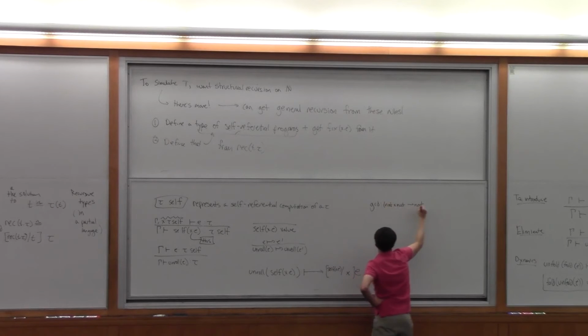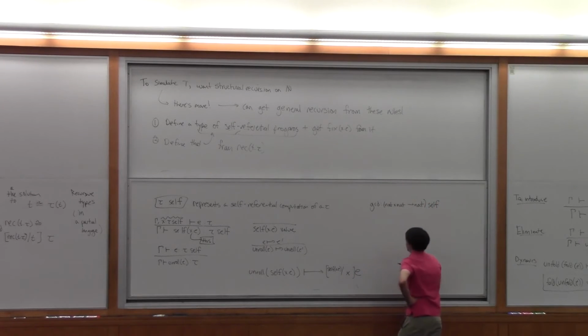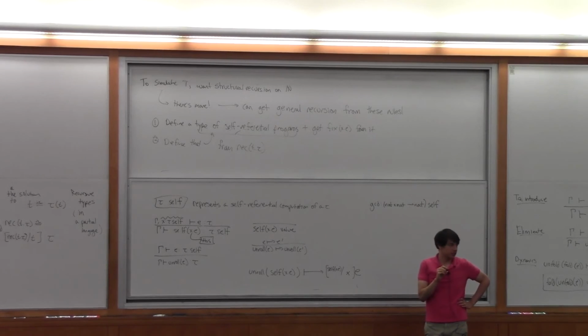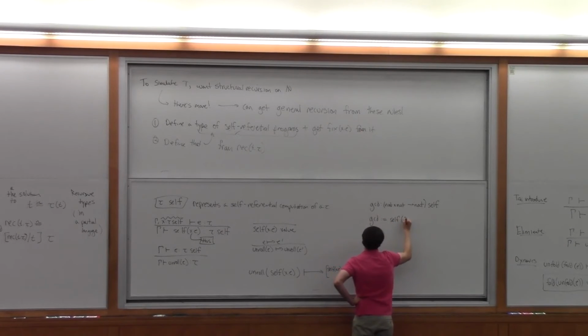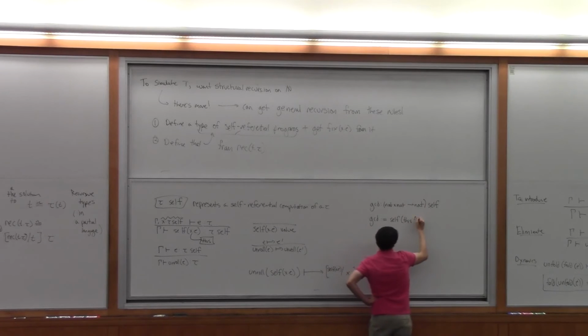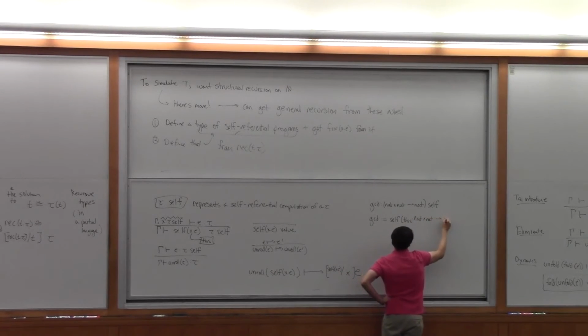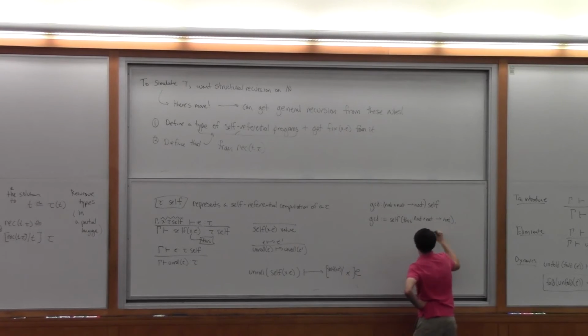Well, I'll view it as a self-referential computation of such a function, which means GCD can be defined to be self this of type nat cross nat arrow nat dot the code for GCD, and then in the middle you would call this of type that self, and then somewhere in here you would unroll this and apply it to m minus n and n, or whatever the recursive call is.